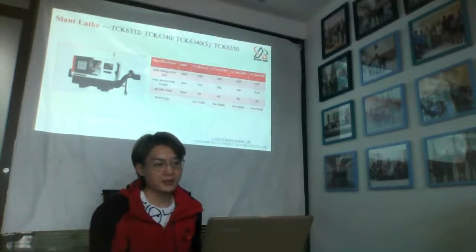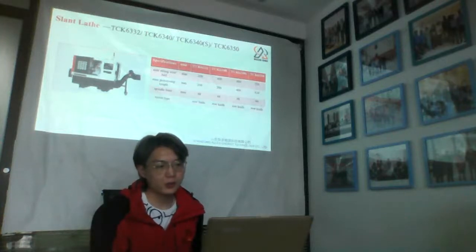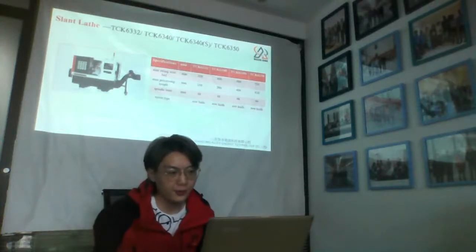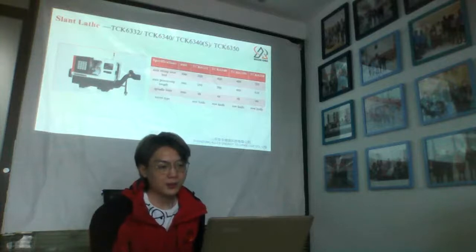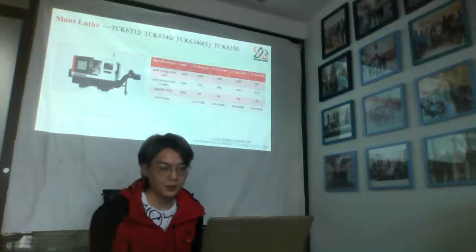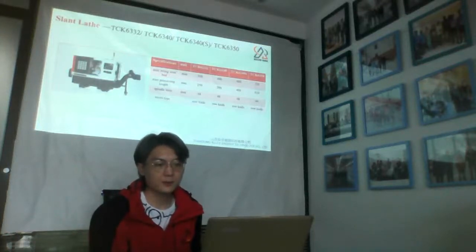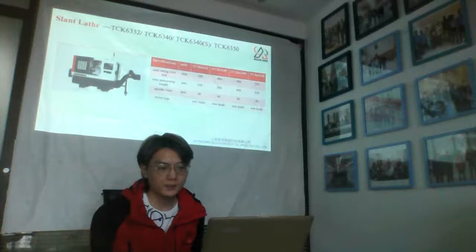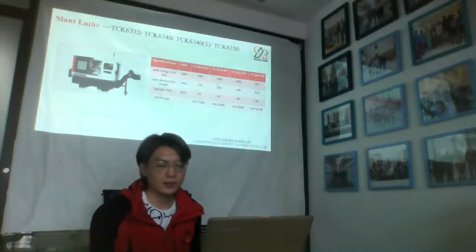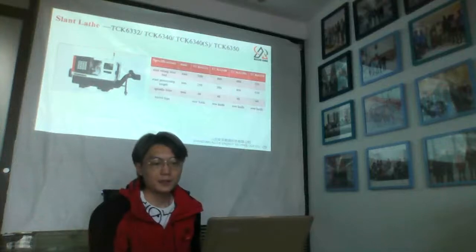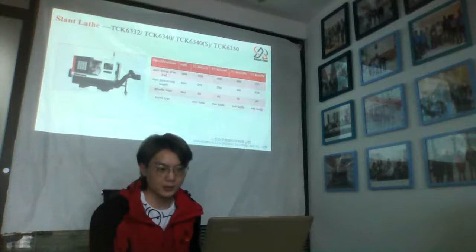The maximum swing over bed for 6332 is 320 millimeters, for 6340 is 400 millimeters, and the plus S is also 400 millimeters. But for TCK 6350 it is 520 millimeters.